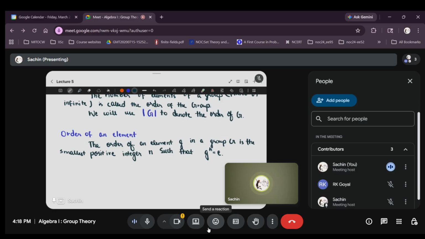So for any element g, we earlier saw in one of the problems that if the group is finite, there is always some number n such that g power n is the identity. And the smallest of such numbers is called the order of the element.